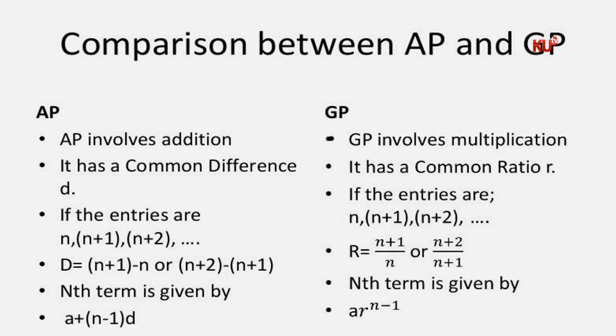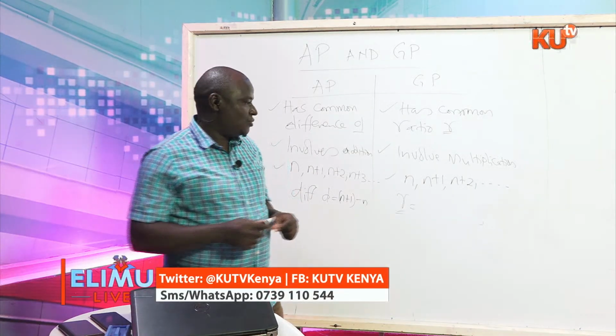On the side of GP, where we have common ratio, how do we get the common ratio? The common ratio is given by, if again we list the numbers as we had done, n plus 1, n plus 2, and so on and so forth, the common ratio will always be given by the current number or value divided by the previous value.